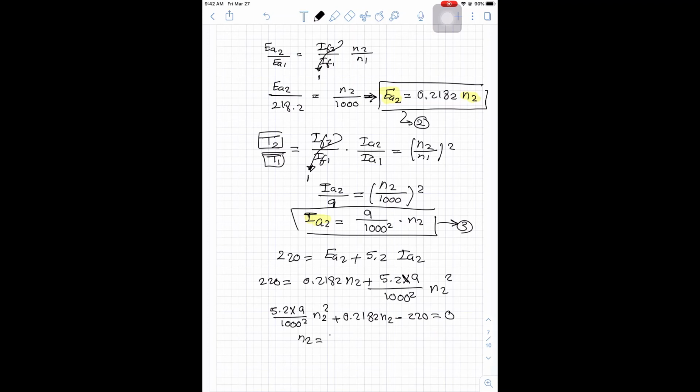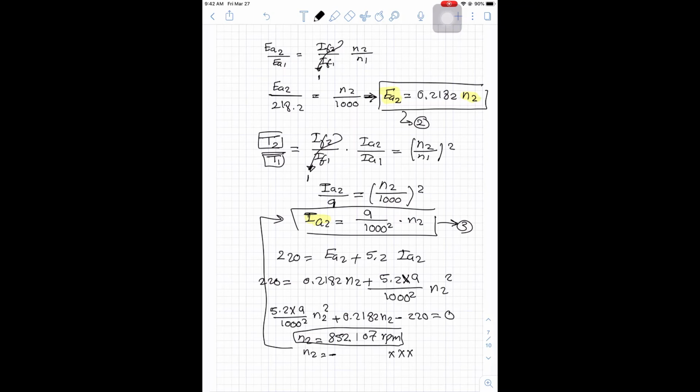So N2 equals 852.407 RPM, and the other solution will be negative, so I will just drop it. Once we have N2, we can go back and calculate IA2 from this equation. So we have 852.107 multiplied by 9 divided by 1000 squared.